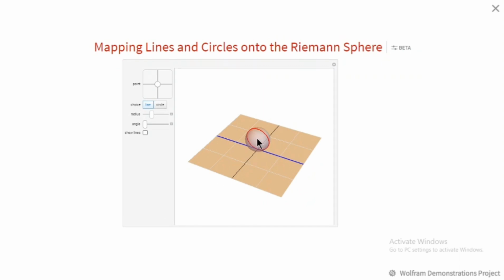So this is the unit circle, and this is a circle passing through the north pole of the unit sphere. Then its projection is a line.